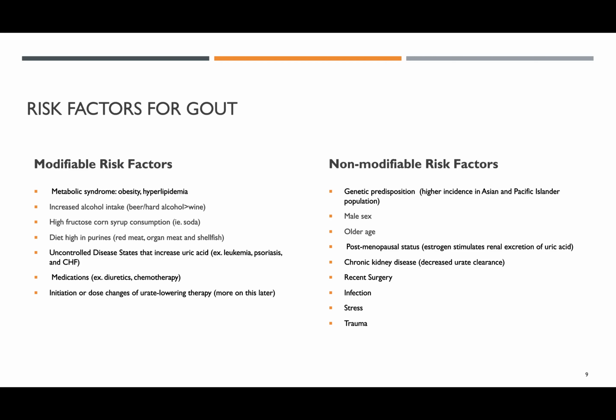Chronic kidney disease, even if you are managing that well, you're still going to have baseline urate clearance deficiency. You're going to have more risk of gout flares. And things like recent surgeries, infections, stress, trauma, anything where you're overburdening the body, you're going to have more risk of a gout flare.